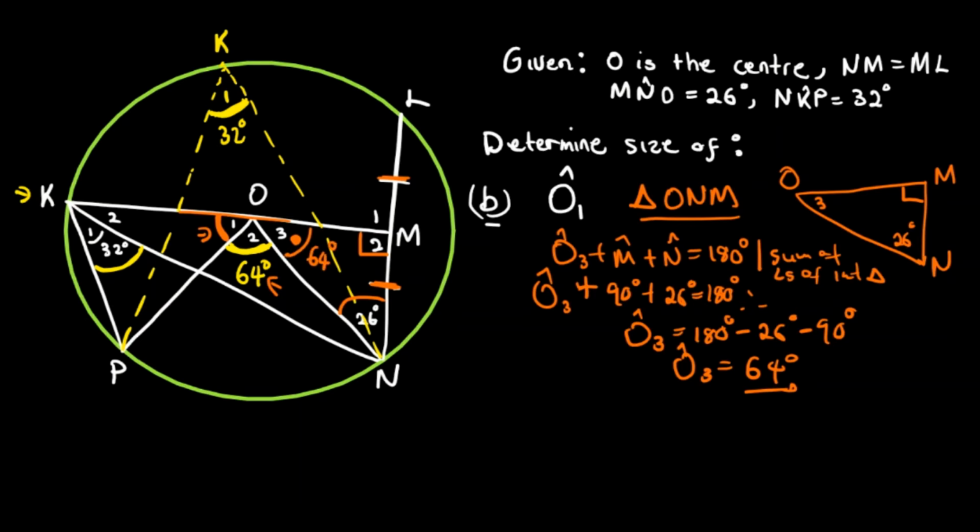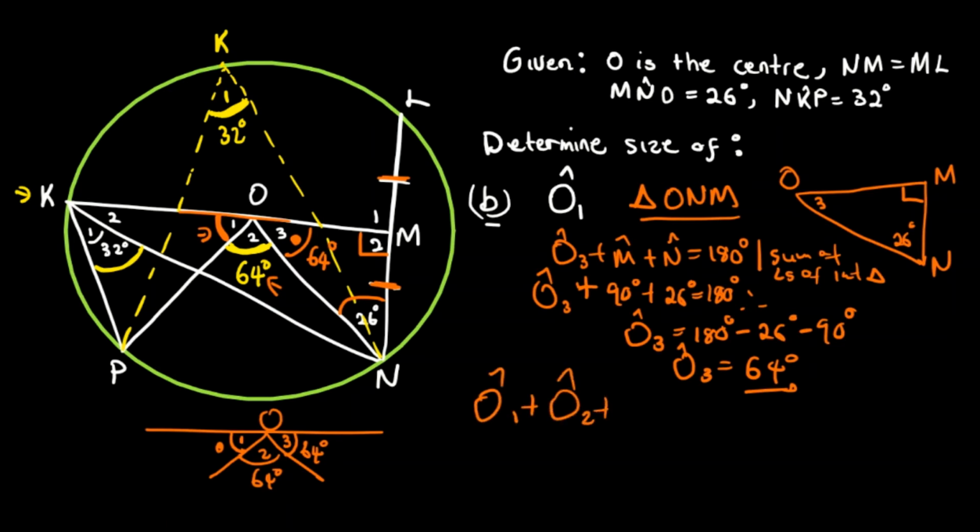Now in our straight line, let me draw it here. We have something like this. Our O3 is 64 degrees, we just got it, and our O2 is also 64 degrees. Now we want this O1. To find O1, you're going to say angle O1 plus angle O2 plus angle O3 is equal to 180 degrees. The reason is angles on a straight line. We already have angle O2 and O3.